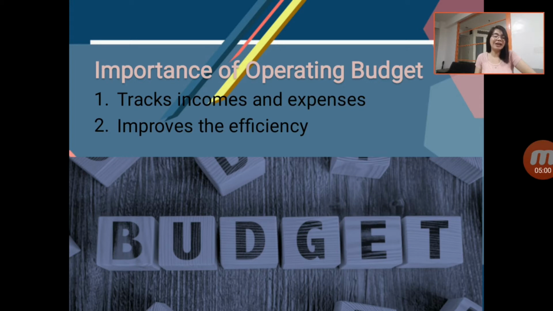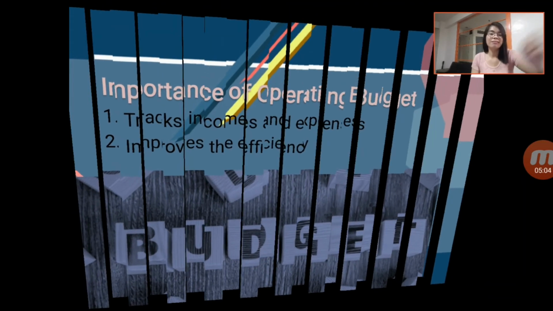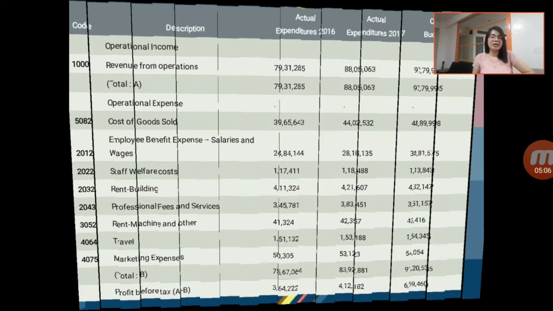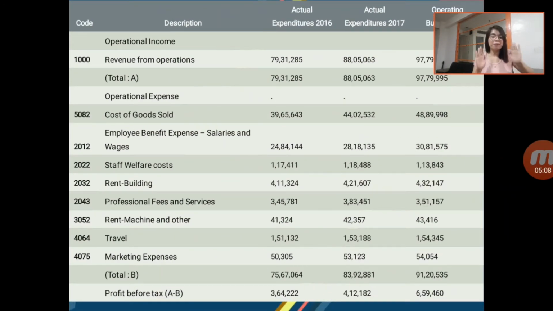Let me show you an example of an operating budget. In this example of a budget, we have here the code, the description, and the total expenses or the operating budget in the years 2016, 2017, and 2018.